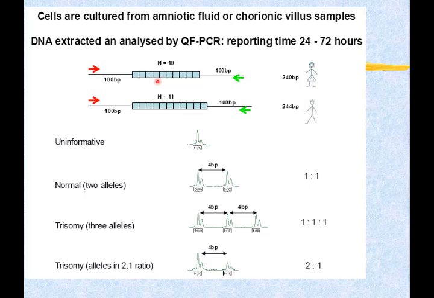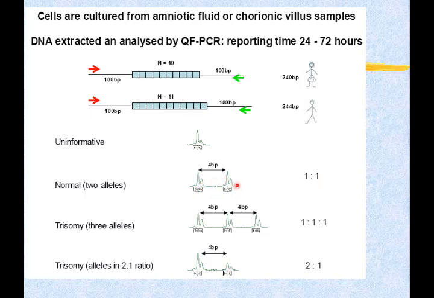And alleles may have different repeat numbers. So if you get a single peak following the PCR and fragment analysis, we call this an uninformative allele. When two alleles have different sizes, they're heterozygous, then we see a ratio of 1:1, which is normal.